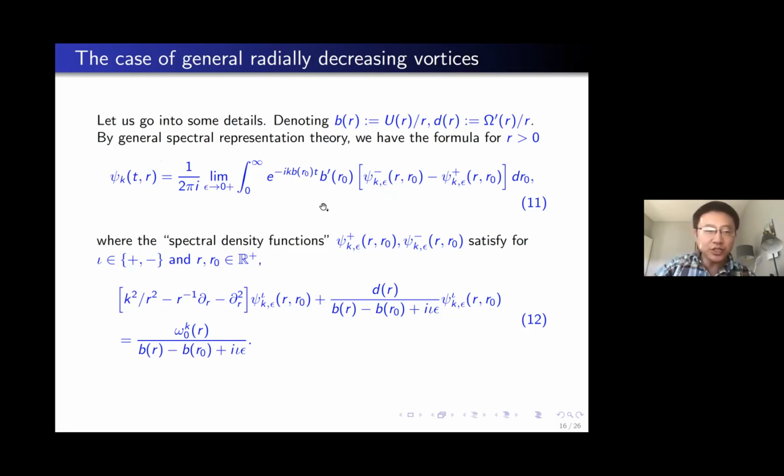Now, the main issue with analyzing this equation is that the equation contains a very serious singularity. The singularity is 1 over R minus R naught when R is close to R naught. So this singularity is the main difficulty in understanding the regularity property of this guy. And also there's another source of confusion historically.